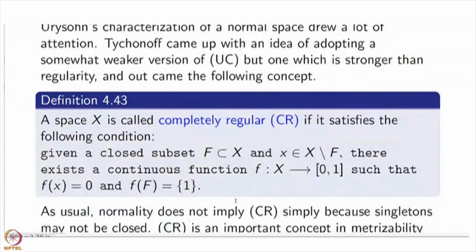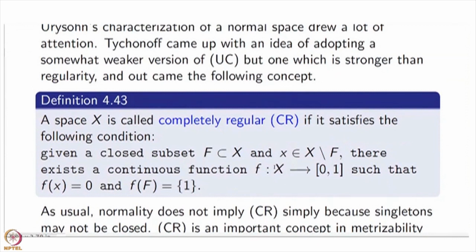A space X is called completely regular if it satisfies the following condition. Given a closed subset F of X and a point x belonging to X minus F, remember this was the hypothesis for regularity. Instead of two disjoint closed subsets, one closed subset and a point outside it.